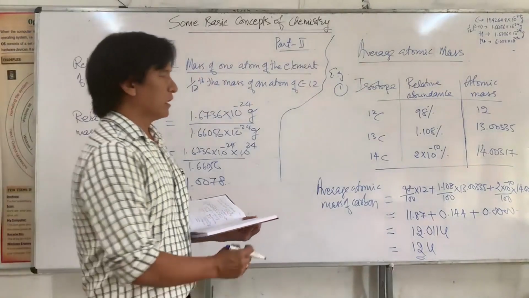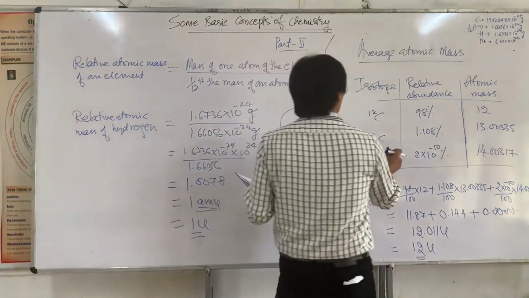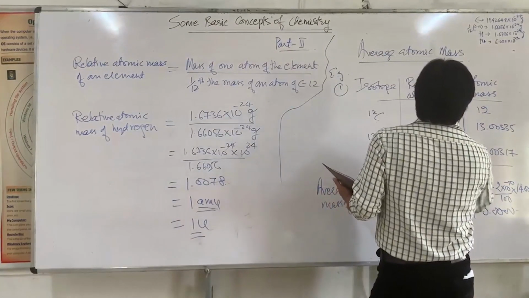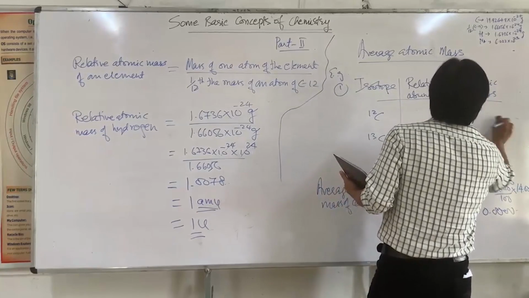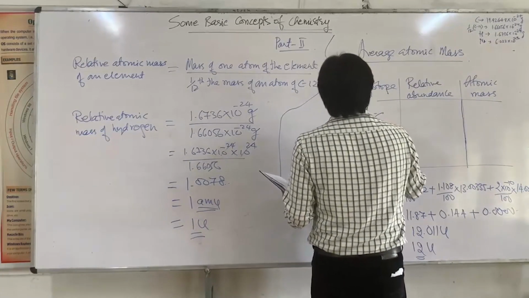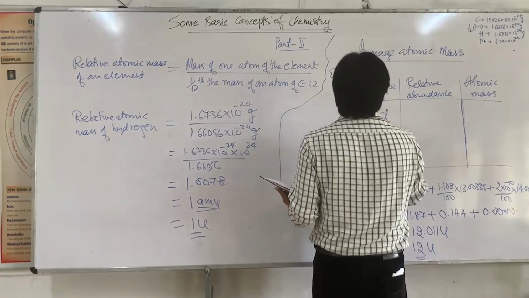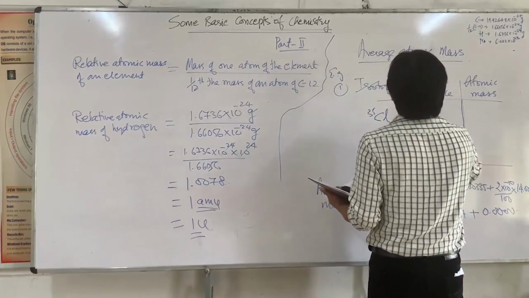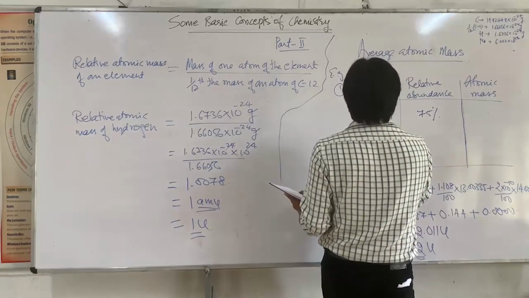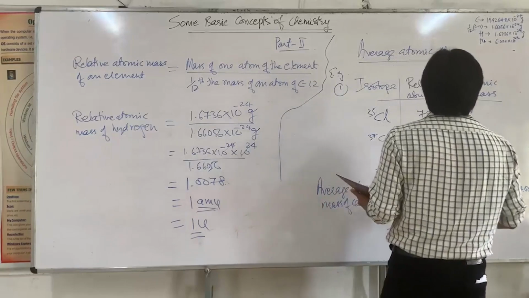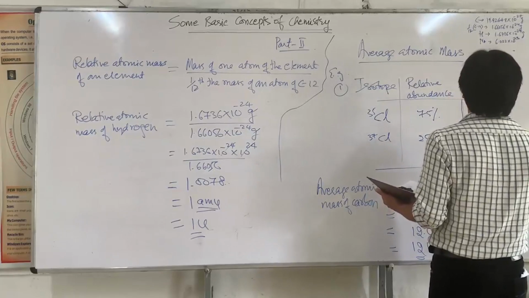Likewise, another example I can give is that of chlorine. Chlorine has two isotopes, chlorine 35 and 37. The relative abundance of chlorine 35 is found to be 75%, and that of chlorine 37 is 25%. The atomic mass of chlorine 35 is 35, and that of chlorine 37 is 37.